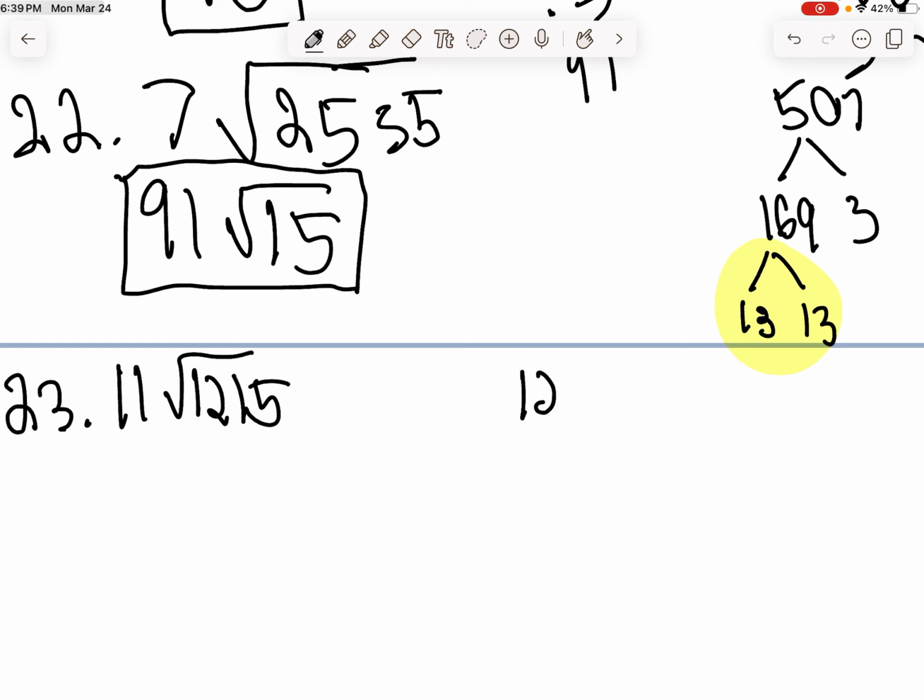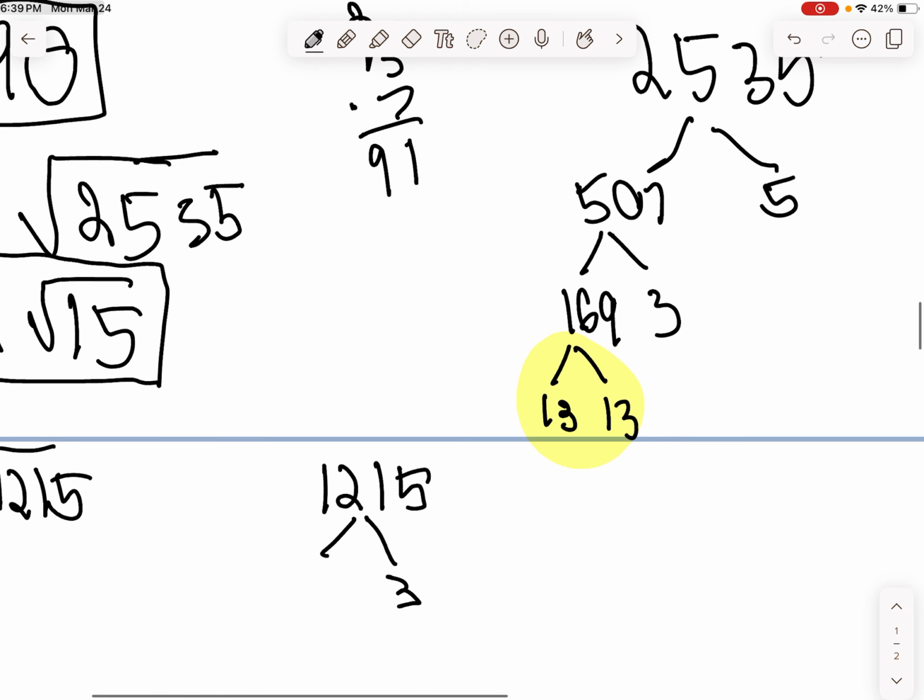Anyway, 12, 15. If we add up those digits, we get 5, 6, 8, 9. So it's a good idea to start with 3. So 3, 4, 0, 5. 405.